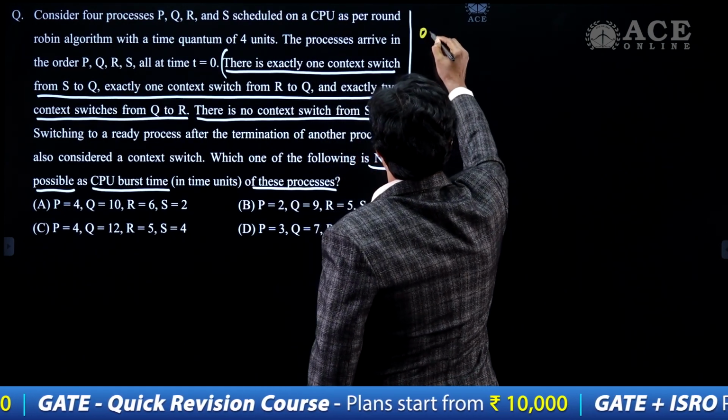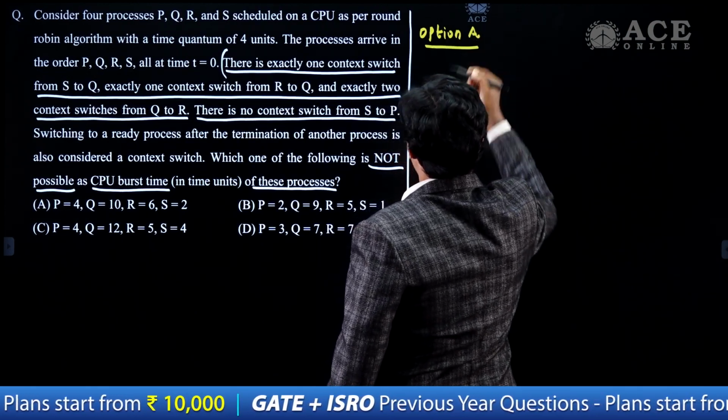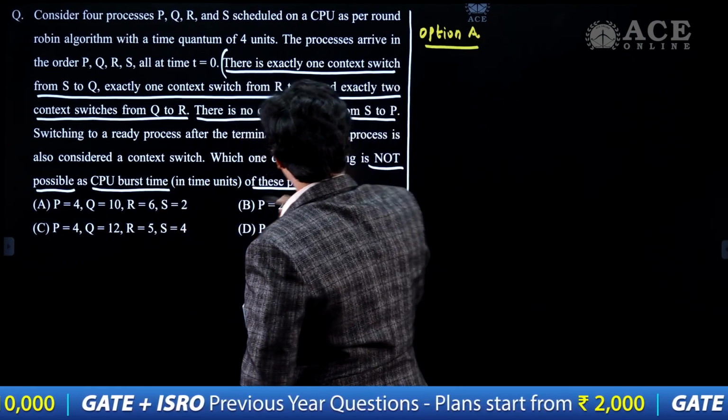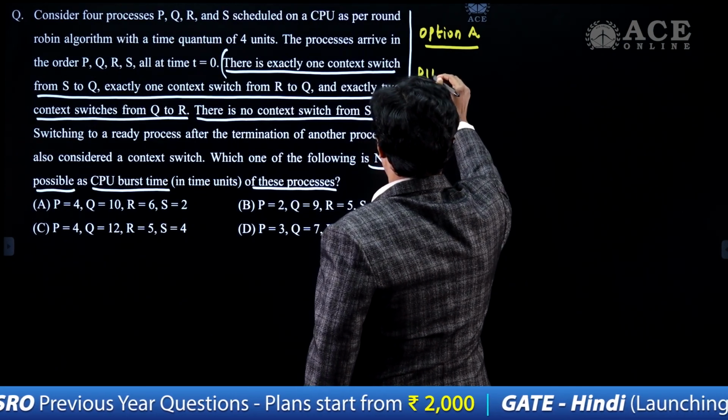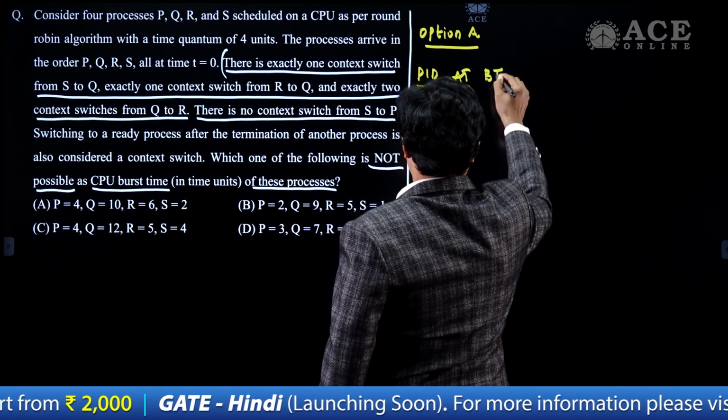Option A says that for the 4 processes we have process ID, arrival time and burst time.